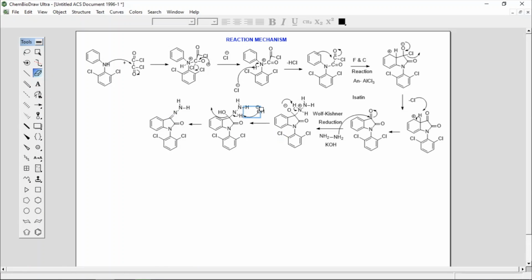This OH minus takes this hydrogen proton, and the bond pair shifts here. It forms the carbon-nitrogen double bond, and OH is a leaving group. Now in the next step, this OH minus converts to a water molecule.